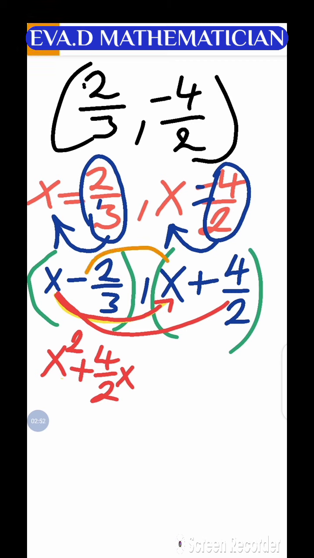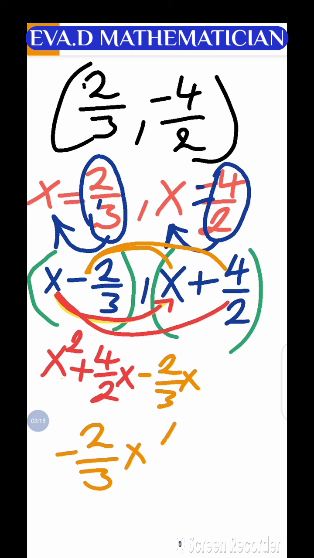Minus 2/3 times x will give me minus 2/3x. And then if I expand that -2/3 again by 4/2, which will give me the expression down here, minus 2/3 times 4/2, right? So this into itself, 1 times 2 cancel off, so I have now minus 4/3, right?